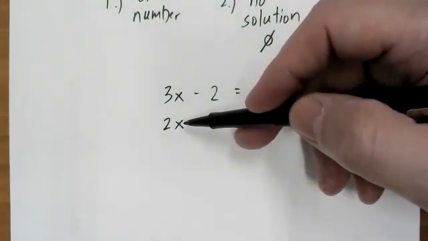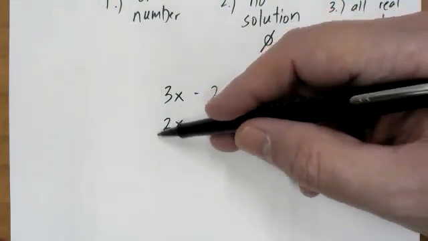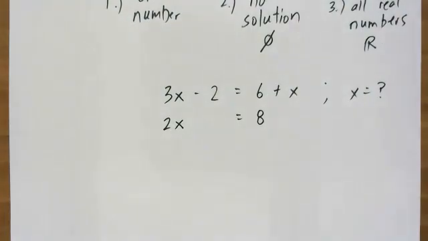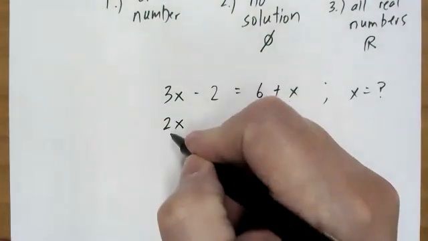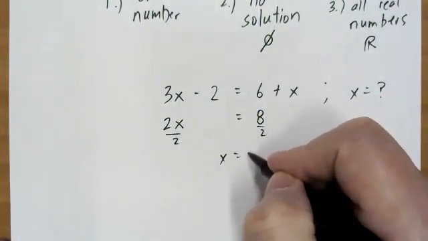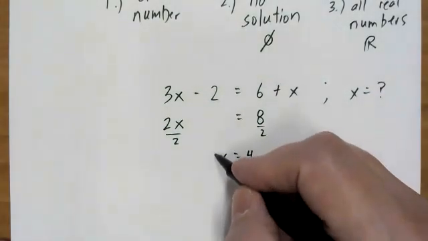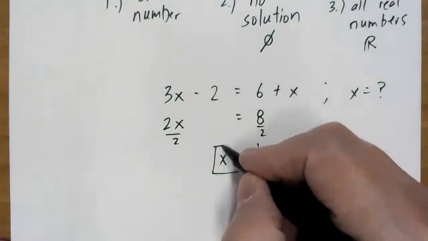And if I want to solve for x, that means basically get x by itself. Well, right now, I've got x multiplied by 2. But if I divide both sides by 2, I end up with x equals 4, and this becomes my solution.